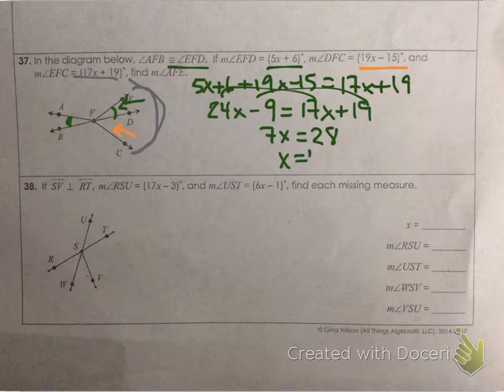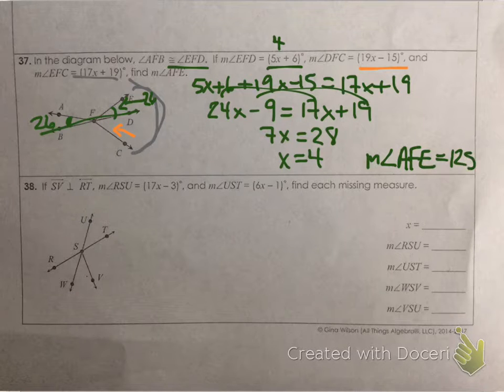So x is equal to 4. And that's probably where I would be happy. But they want you to find AFE. So if you put this in place of, say, this one, you get 26. So if this is 26, this is 26, that adds up to 52. Take away from 180, and you get that the measurement of angle AFE is equal to 128 degrees.